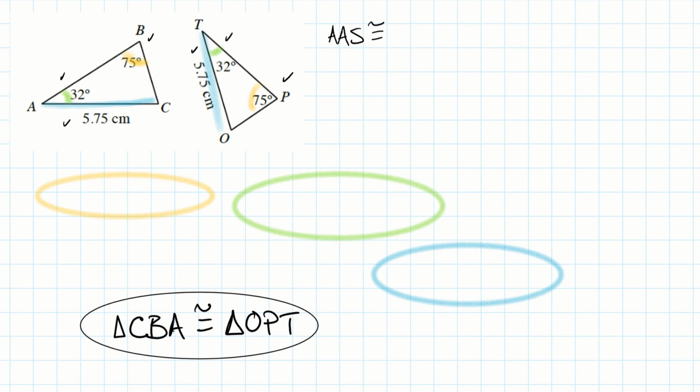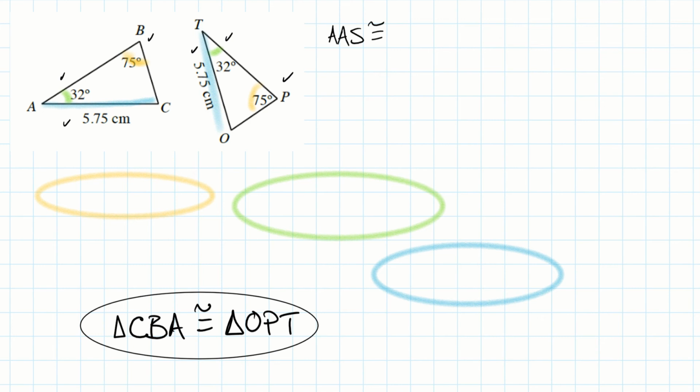Angle A and angle T are both the 32-degree angles. And angle C and angle O are congruent also, because they have to add up to 180 degrees. So when I write these down in this order, there are other orders I could have used. I could have used triangle ABC, but when I do that, I would have to write the corresponding order for the matching triangle. Now, I believe these triangles are congruent, and I think it's a pretty fair, safe assertion because of the following items.